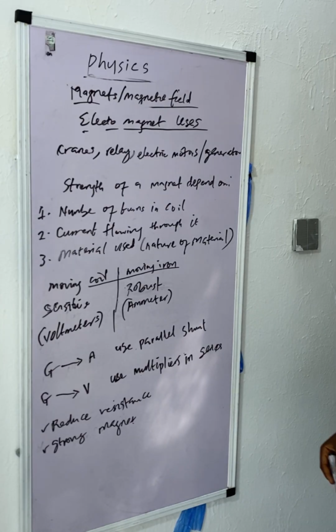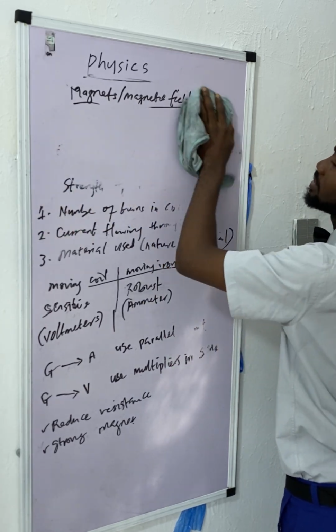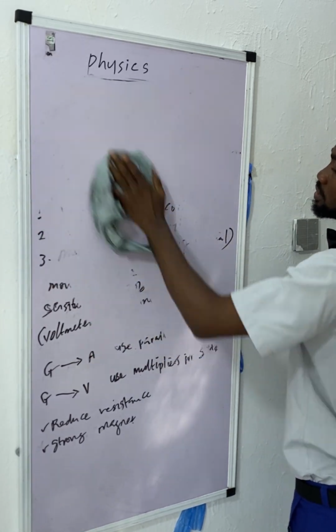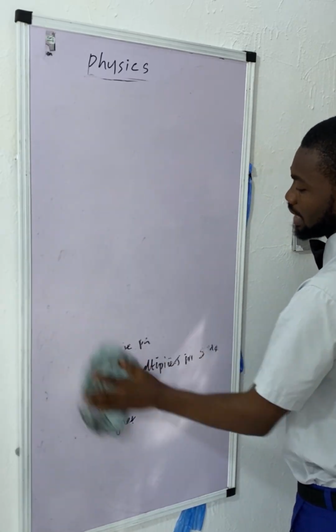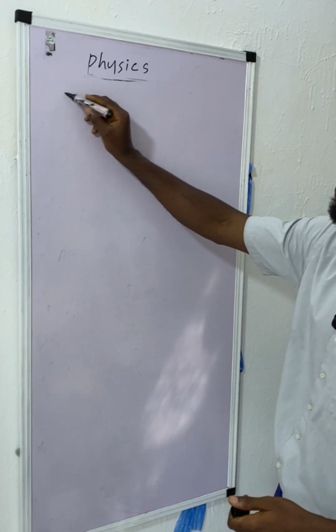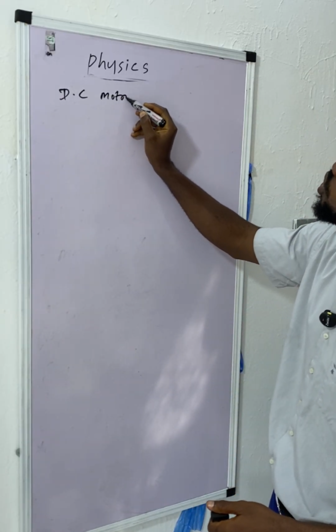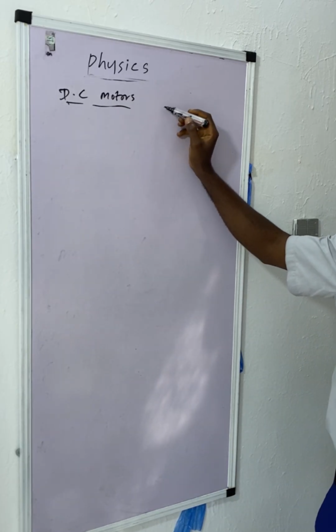How does a direct current motor work? We are going to look at the direct current motor and the alternating current motor. So for the direct current motor, the DC motor, how does it work? Through electromagnetic induction.